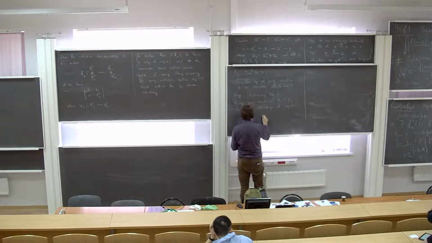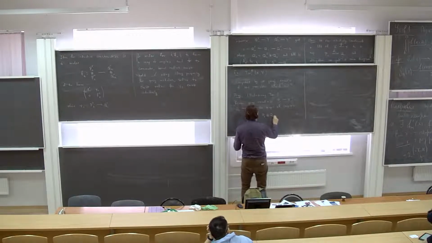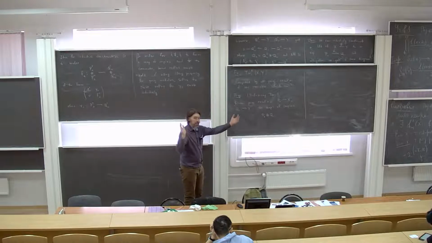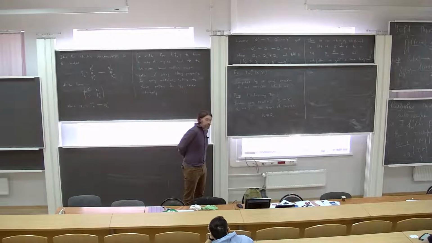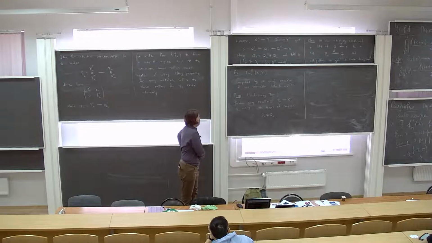So one thing I could do is I could tensor together the two resolutions. Remember how I take the tensor product of two complexes, I form a double complex, and I take its totalization, its sum totalization. In the proof, we'll write that out explicitly if you don't remember exactly how it works.